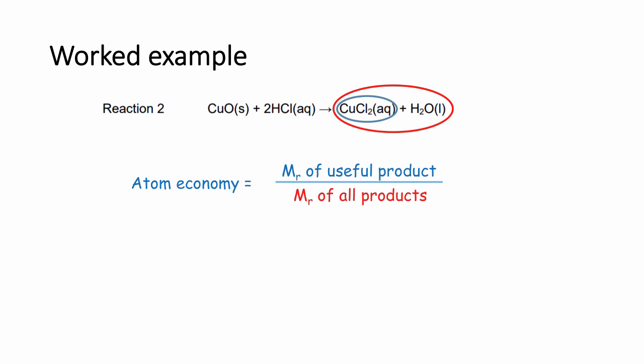That will be the Mr of the copper chloride plus the Mr of water, and of course times by 100. So we end up with 134.5 for copper chloride, divided by the 152.5 of the copper chloride and water, times by 100, which gives us an atom economy of 88.2%, which isn't too bad.